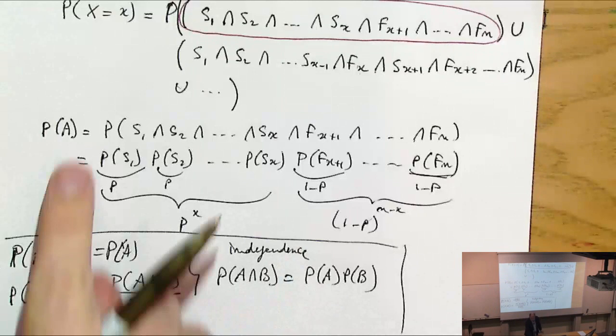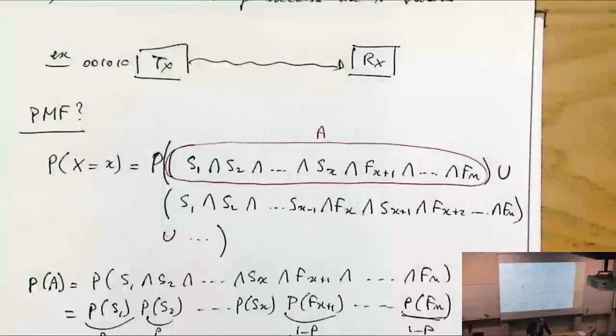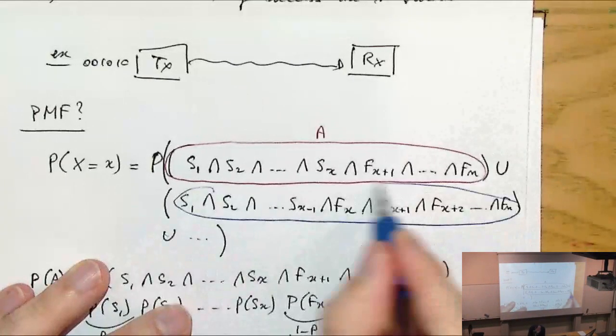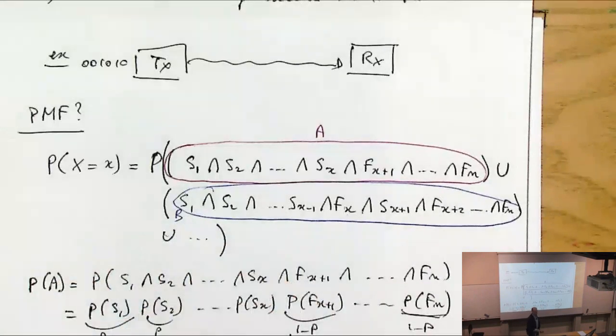Okay, good. So this is P of A. What about P of B? Where B now is, let me take this is B. What will be the probability of B occurring? It's the same. It's exactly the same.